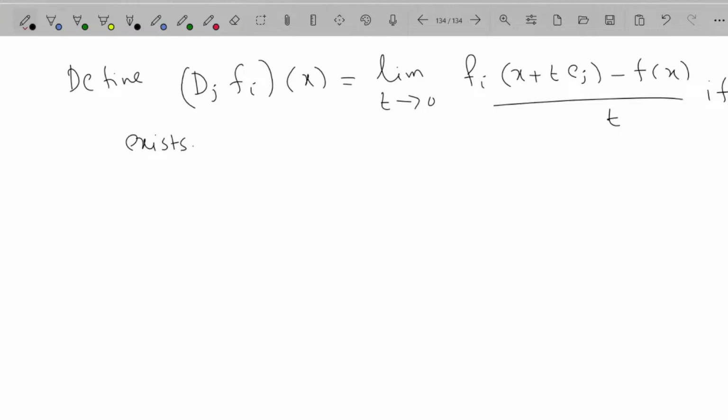In this case, if this limit exists, we will use this notation Dj fi of x. What do we mean by it? For this particular component function, we take the limit as t tends to 0 of fi at x plus t ej.